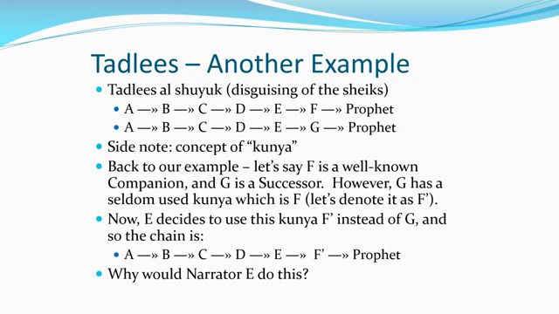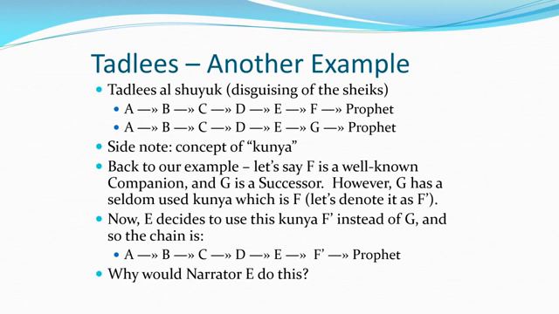E, when he comes to narrate, he knows he's narrating from G, but he tries to disguise that fact by, instead of using G's name, he uses G's kunya, G's nickname, when G isn't really typically known by that nickname, but F is known by that nickname.